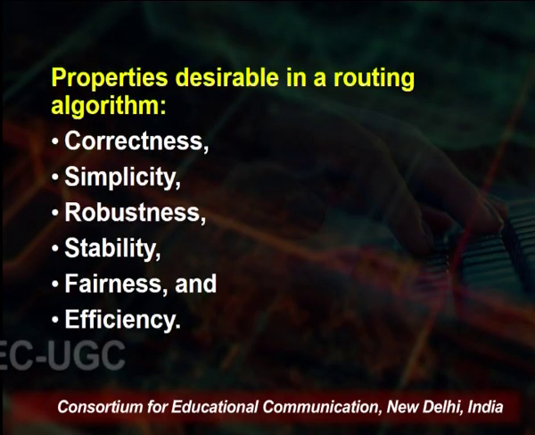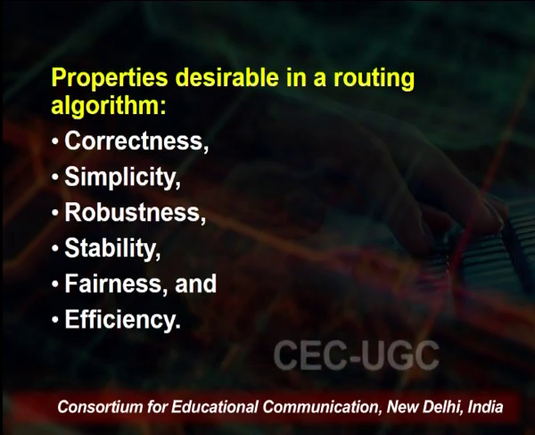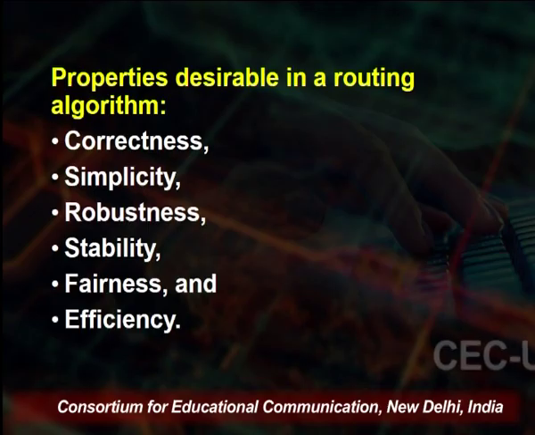Now, what properties should be desirable in a routing algorithm? Here are the properties listed: correctness, simplicity, robustness, stability, fairness and efficiency. Let us look at all these properties briefly.